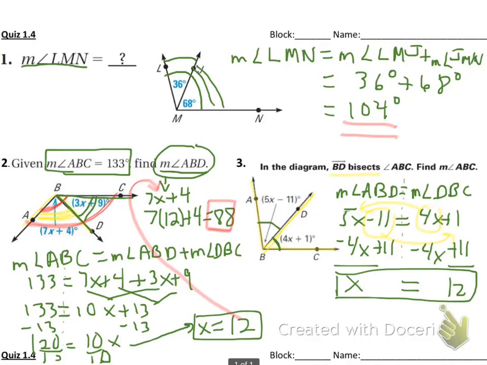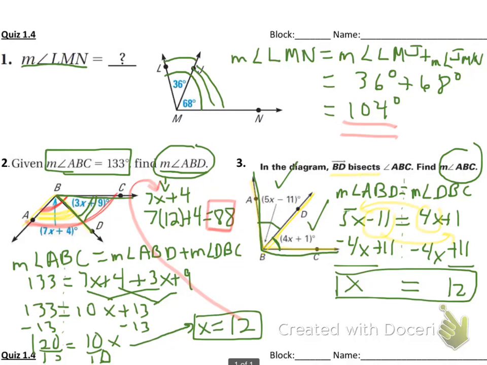So now that I know x equals 12, I get to find ABC. Well, ABC is made up of, is right here, made up of two angles that are the same. So if I find one angle, let's say I find this angle, I'll get the exact same answer here, and then I can just add them or multiply by 2.